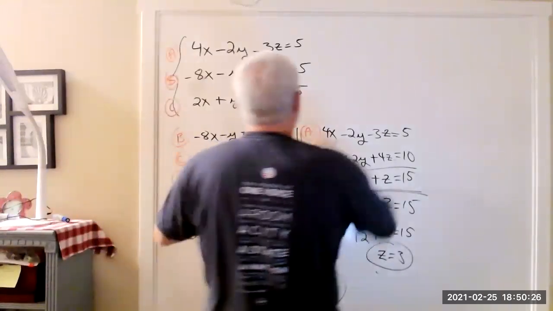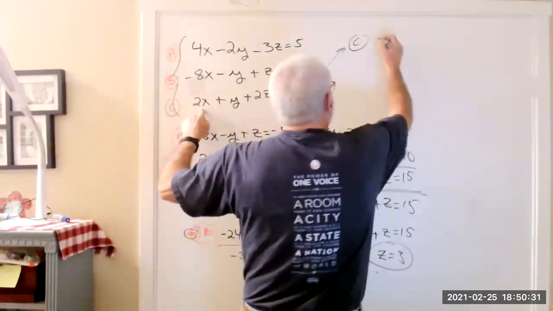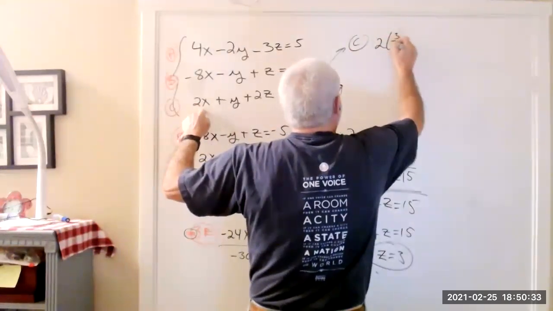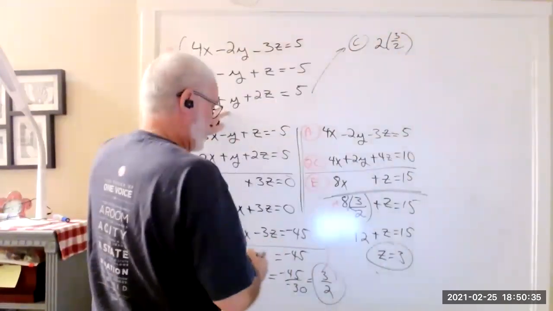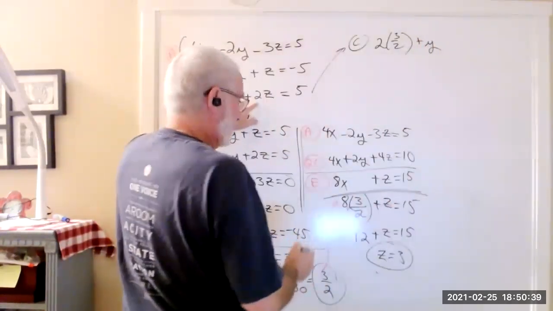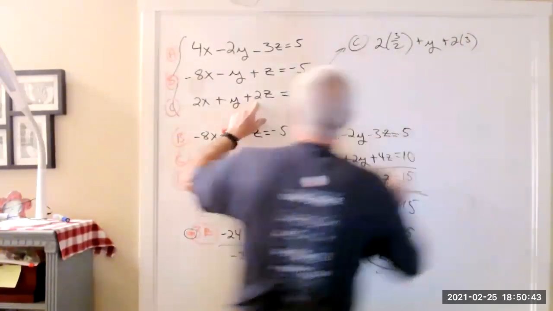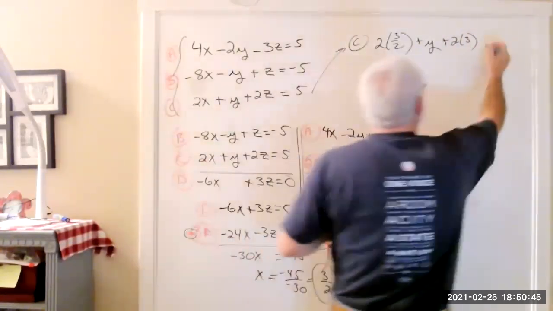So I'm going to take equation C, and I'm going to get 2 times 3 halves, 2 times x, plus y, which I don't know, plus 2 times z. Z was 3 equals 5.